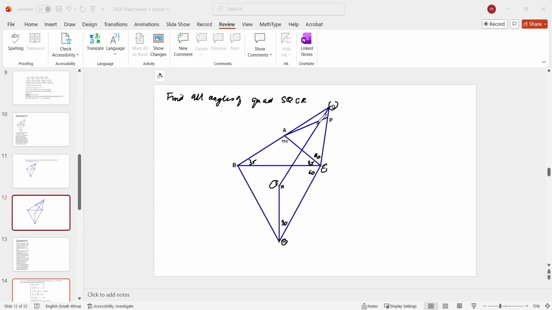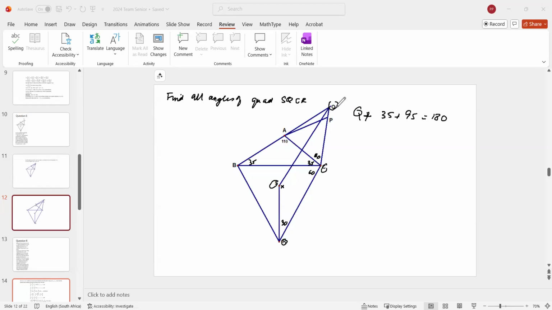Now this angle Q, this entire angle Q, is an angle of QBC, you see. And we know that is 35. We know this is 95. So angle Q plus 35 plus 60 plus 35 is 95, is 180 degrees.